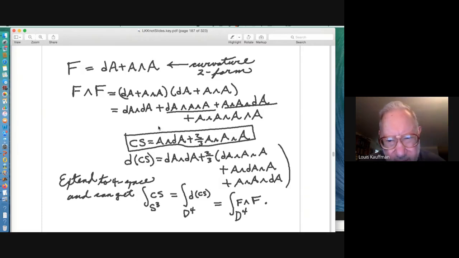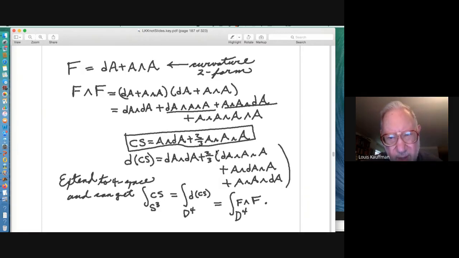You get this form, and if you take D of the Chern-Simons form, you get most of this form. Sorry, that's a little technical. Maybe I shouldn't have done this, but let's just slow down and look at it. F wedge F, there it is. You get a certain form. If you take D of Chern-Simons, then you get dA wedge dA, just like you did here. And you get this 2/3, and the 2/3 runs you across this sum of dA, dA and dA added up.